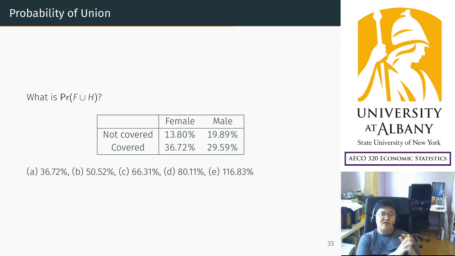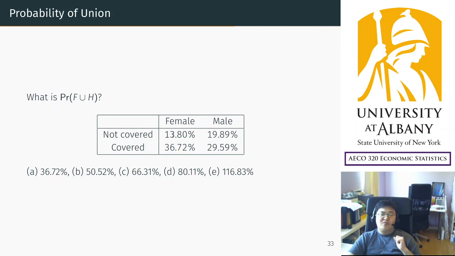Then, what is their probability? You may pause the video now and try this question. I will continue in a second. I already told you there are three outcomes included in the union.